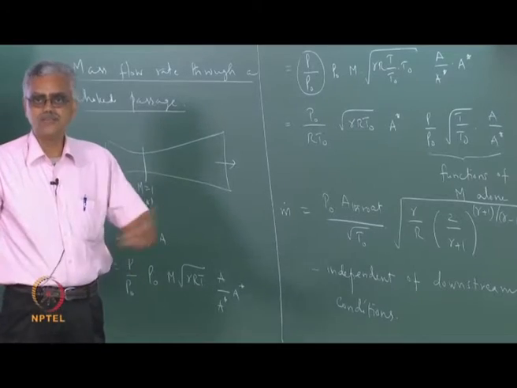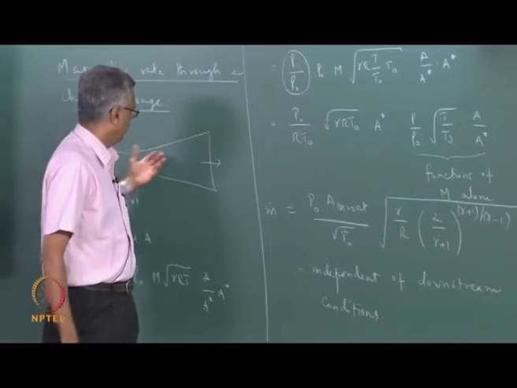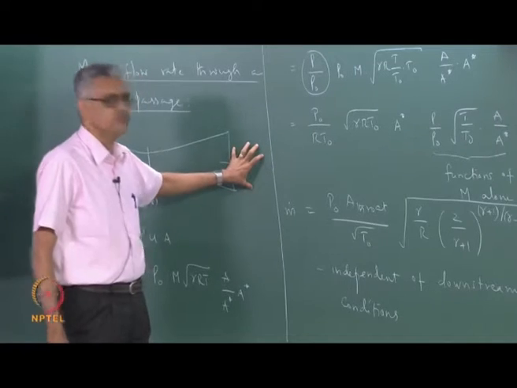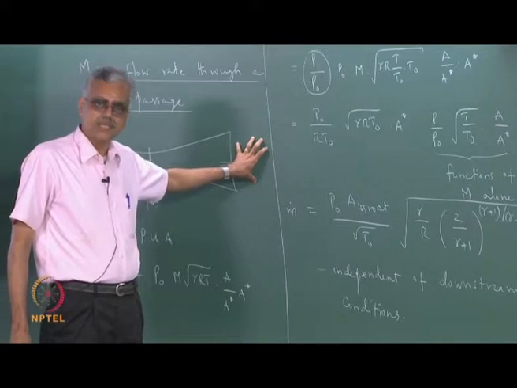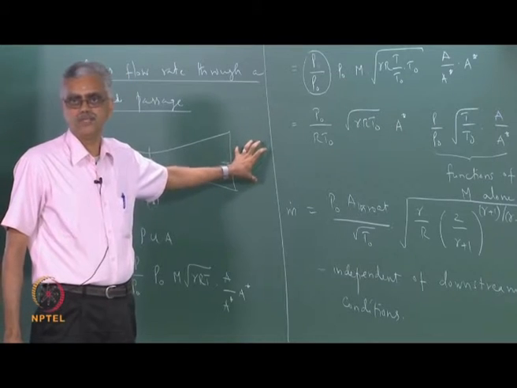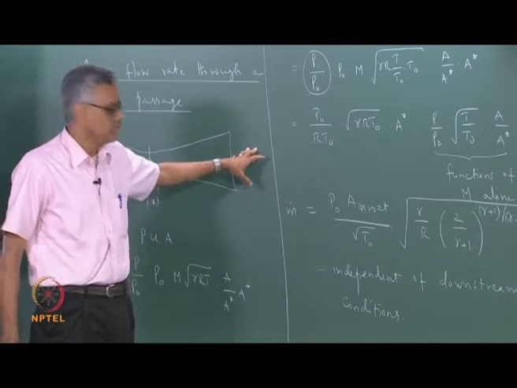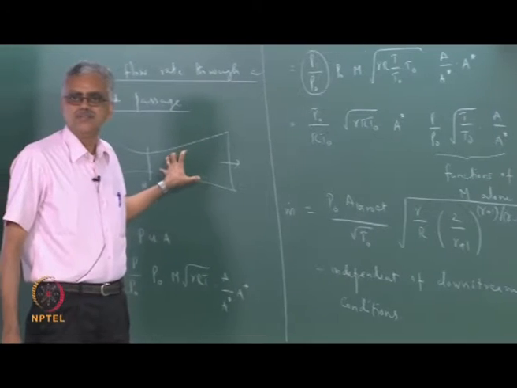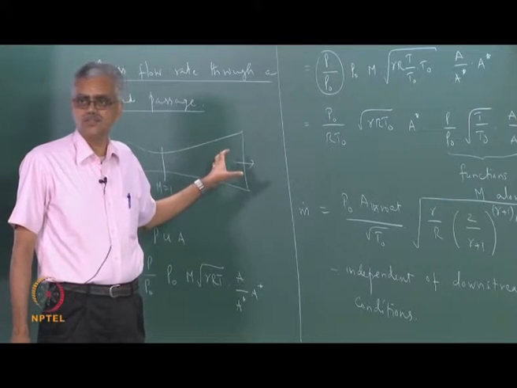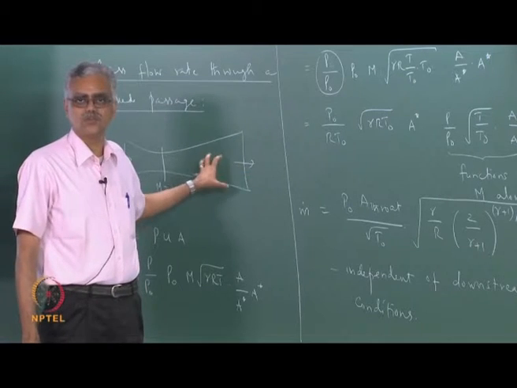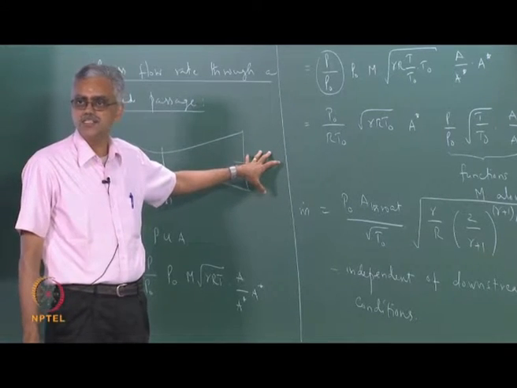To put it in a slightly different way, if I am trying to control the flow by adjusting conditions downstream, I can do that up to a point, the point being attainment of the sonic state. As long as I do not attain the sonic state, I can control the mass flow rate by adjusting conditions downstream.